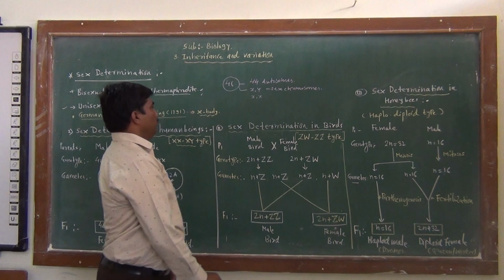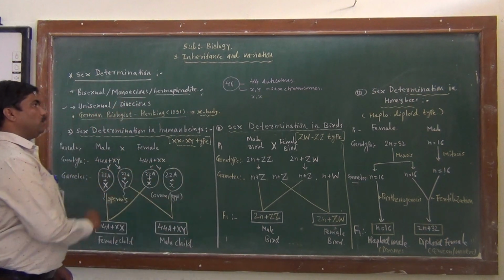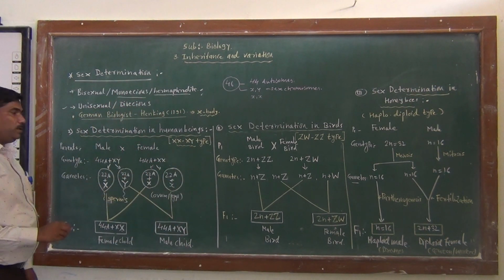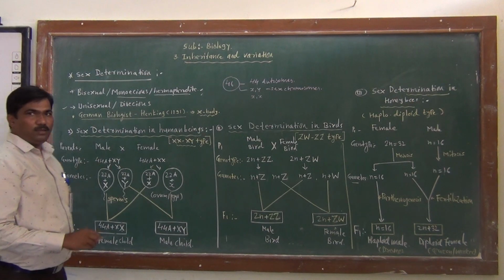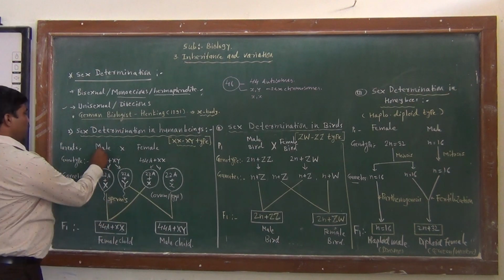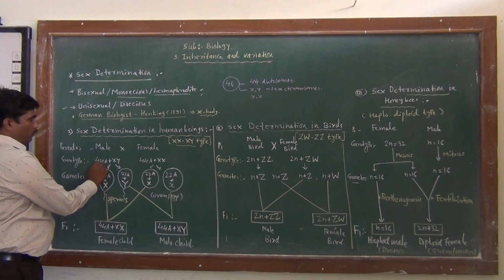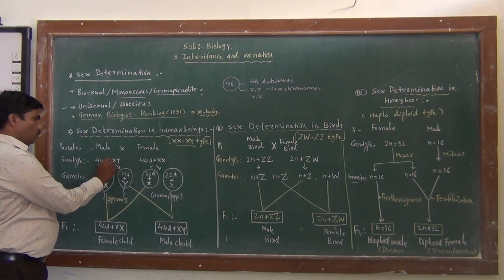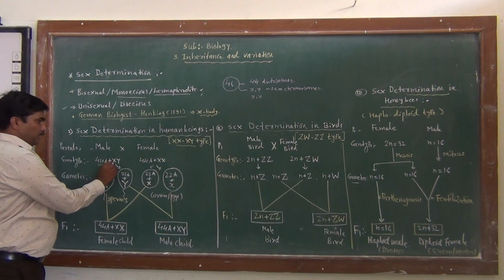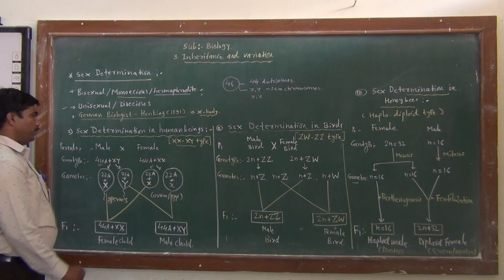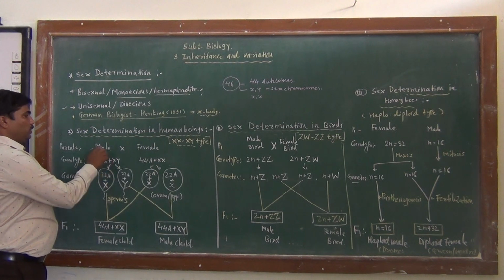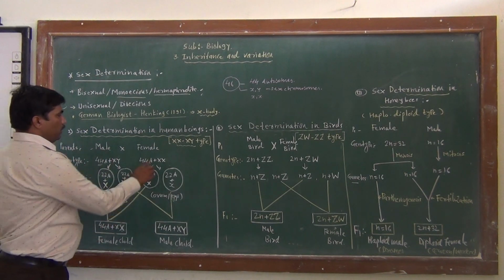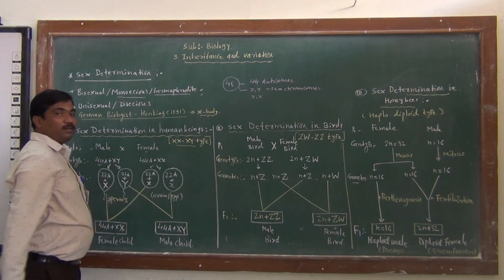Okay. Now if you observe the genotype of a male individual, the male has 44 autosomes and 2 sex chromosomes, in which one is X and another is Y. So the XY condition denotes the male and the XX condition denotes the female.